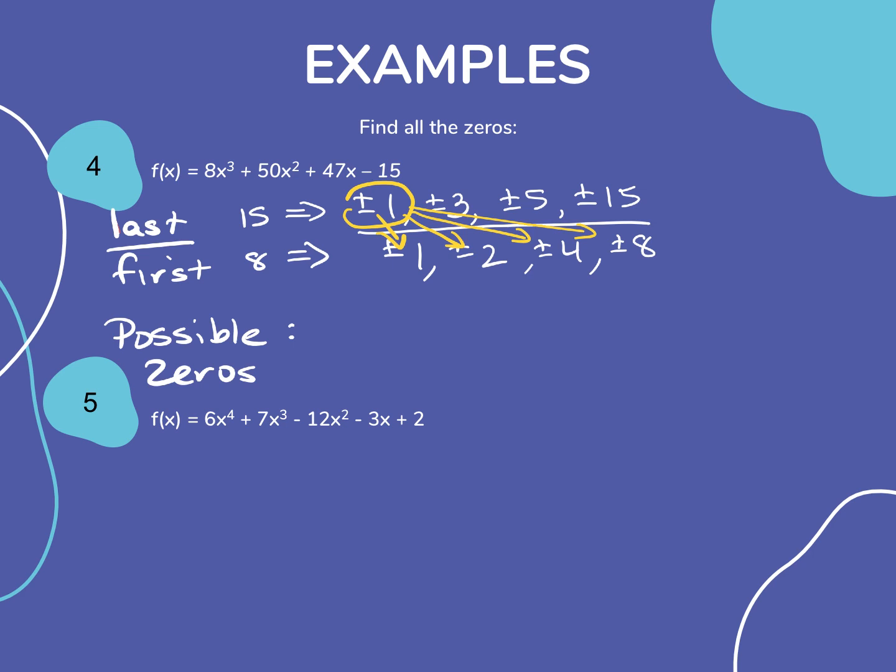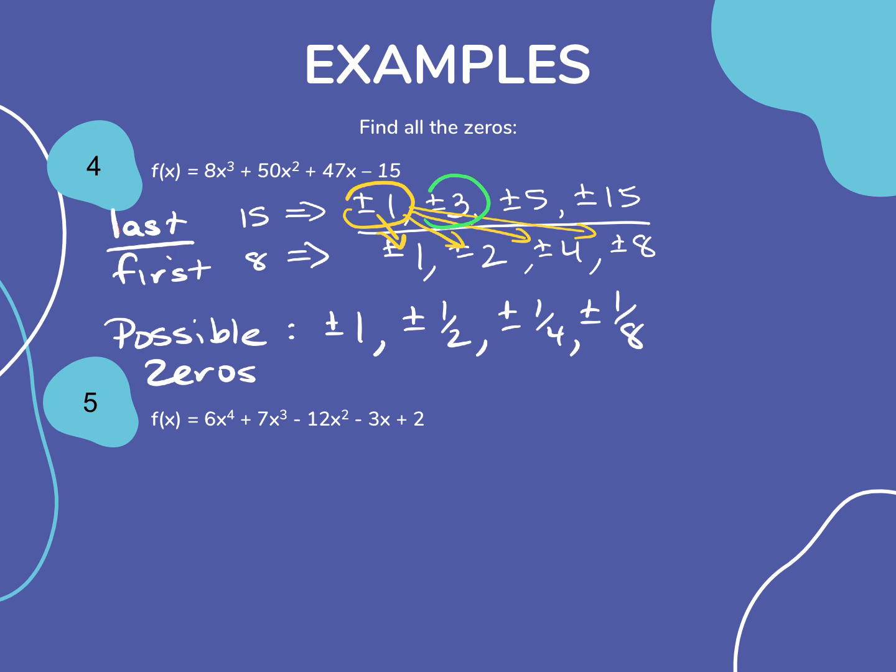So my first possible zero, 1 over 1 is just 1. Then 1 over 2 is plus and minus 1/2. Then 1 over 4, plus and minus 1/4. Then the 1/8.